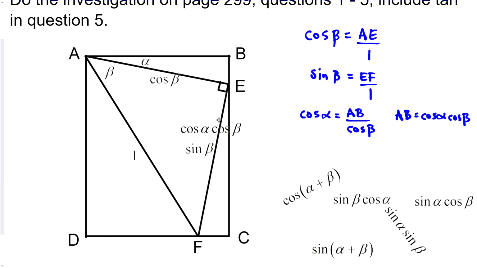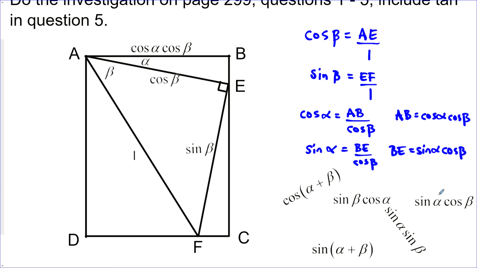So we can label that side as cos alpha cos beta. Now let's go to BE. It would involve sine. So we could say sine alpha is equal to BE over cos beta. Do some algebra. We get BE is equal to sine alpha cos beta. And that is right here, so we could label this side of the triangle BE as sine alpha cos beta.